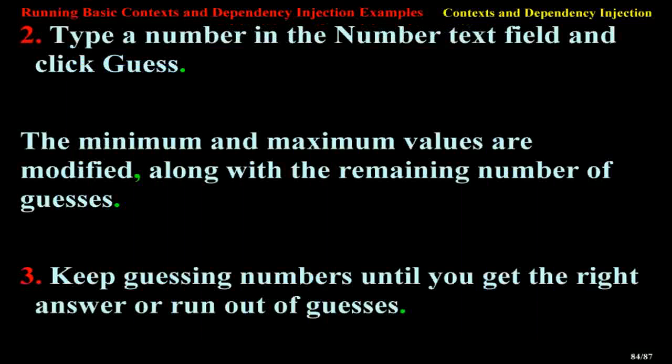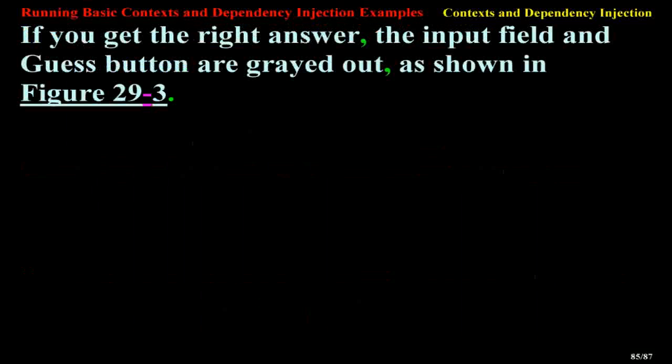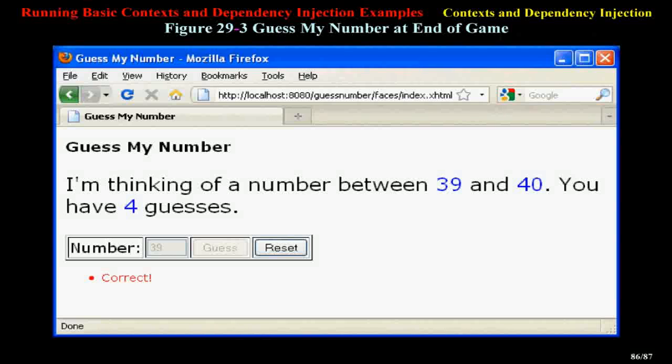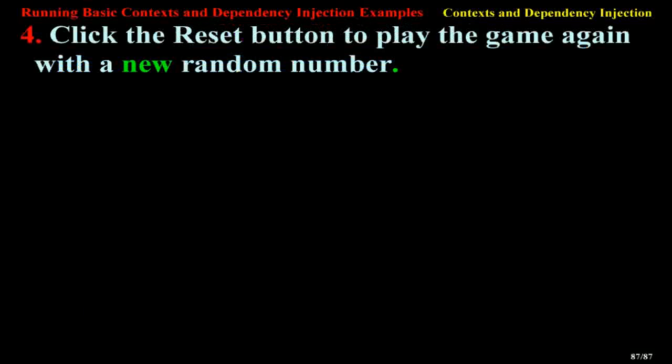The minimum and maximum values are modified, along with the remaining number of guesses. Keep guessing numbers until you get the right answer or run out of guesses. If you get the right answer, the input field and Guess button are grayed out, as shown in Figure 29-3. Figure 29-3, Guess My Number at end of game. Click the Reset button to play the game again with a new random number.